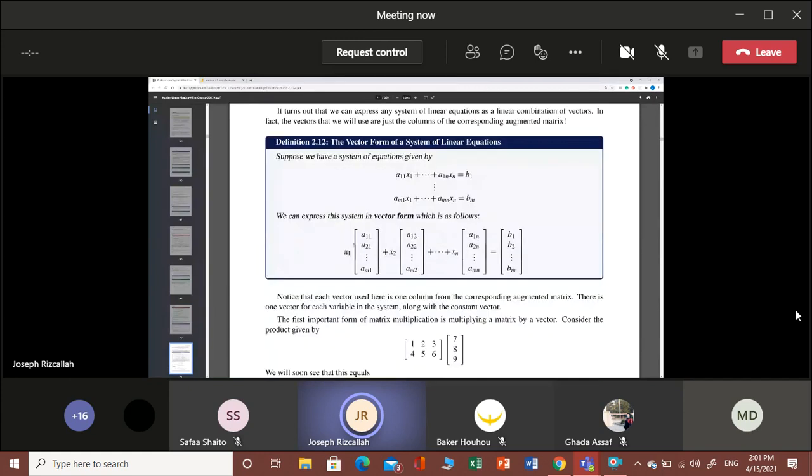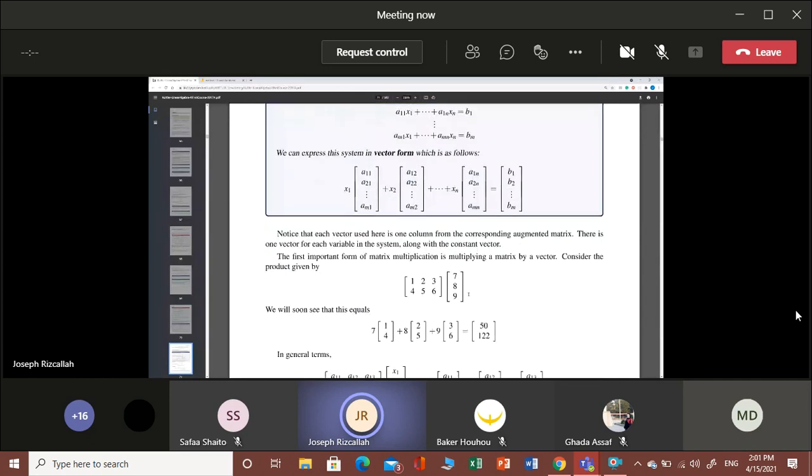You see, this is a11, a21, and am1, and so on. For each vector, there are m entries in it. Any questions about this linear combination stuff?